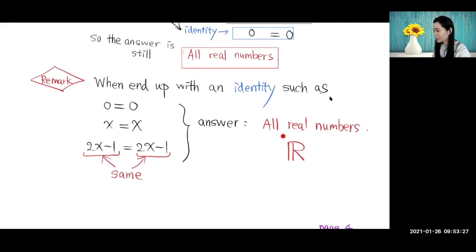There's a fancy notation for the set of all real numbers. Real starts with R, so you put a capital R over here, but you make this double bar over here. So this double bar R stands for the set of all real numbers. So in the future, you can just put this double bar R for all real numbers.